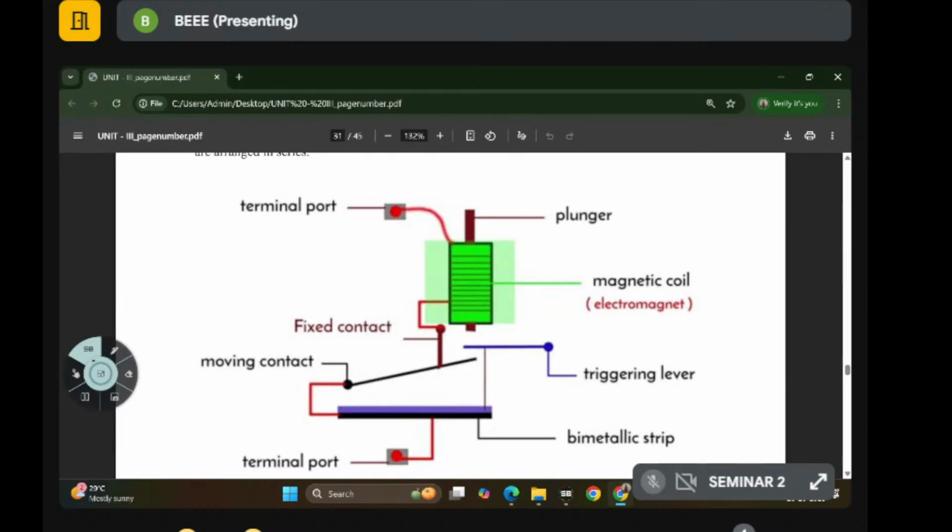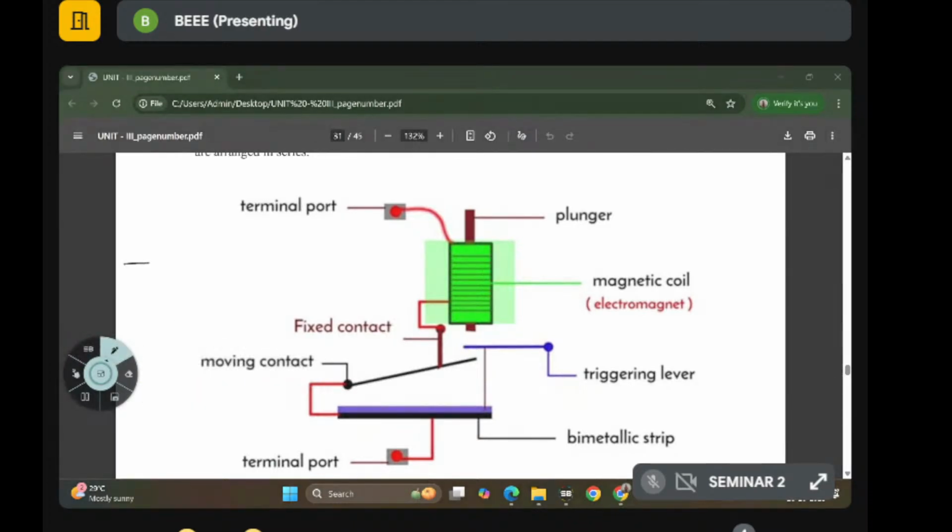If you draw this, you will get practice. Here the fuse is connected in series, and the MCB is also connected in series. There is a switch and a lamp, and the MCB with terminal 1 and terminal 2.